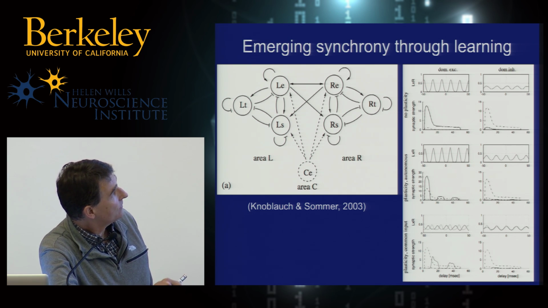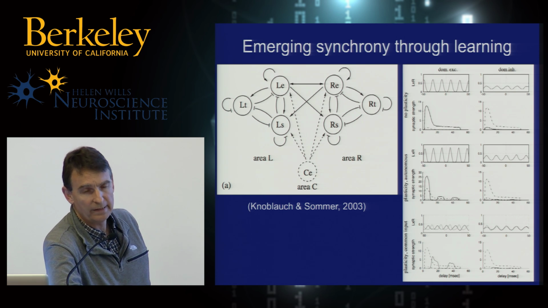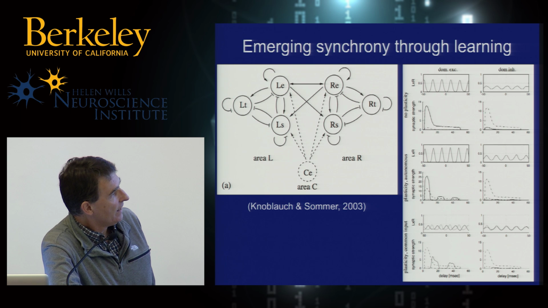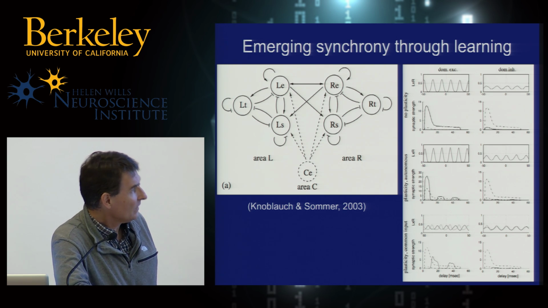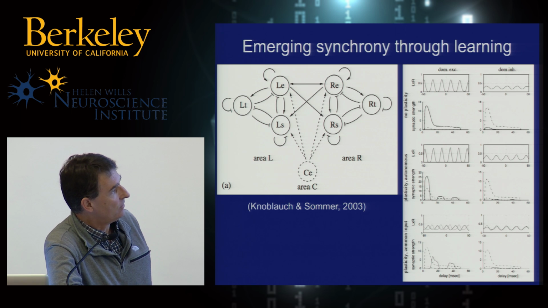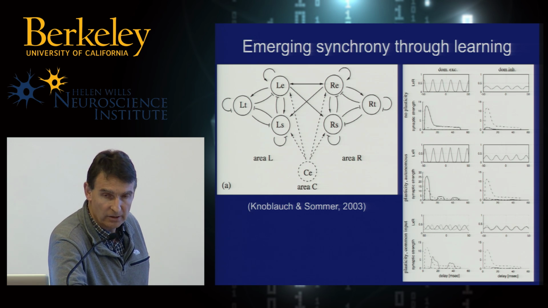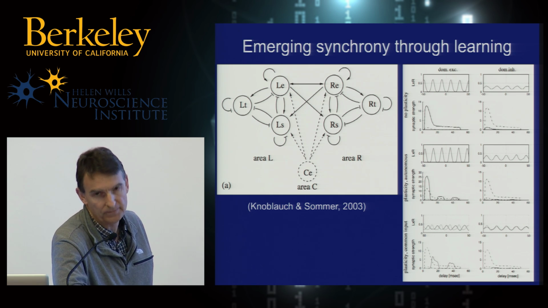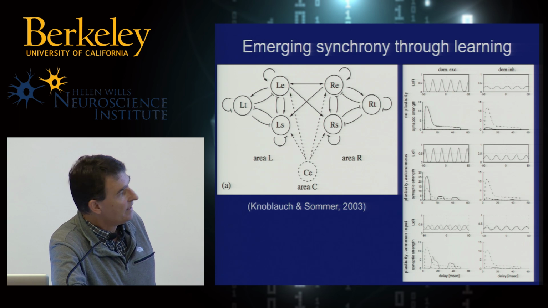In the middle are the long-range connections, which have these delays. If you simulate such a network, you find oscillations in the gamma range, the higher frequency range, 52 to 70 hertz or so.